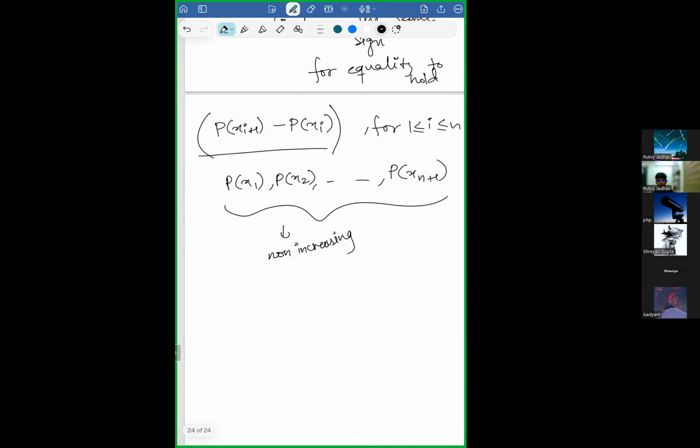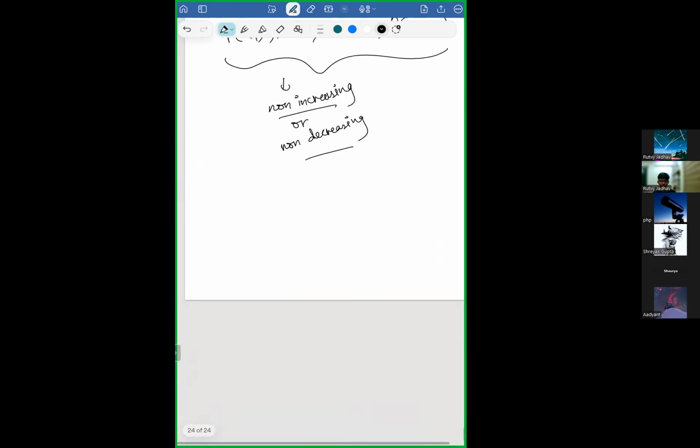It can't increase. Monotonously decreasing, basically. I hope everyone's fine.